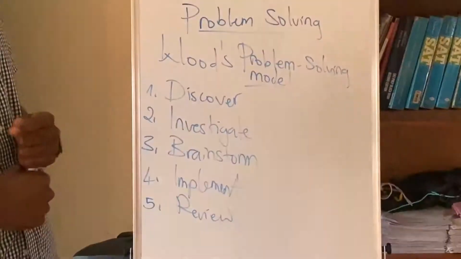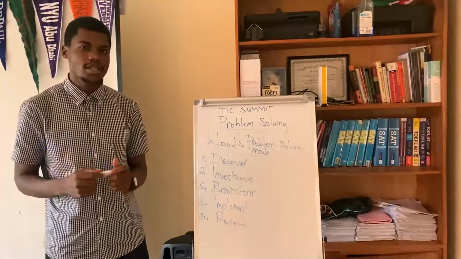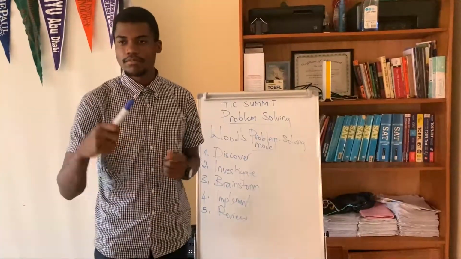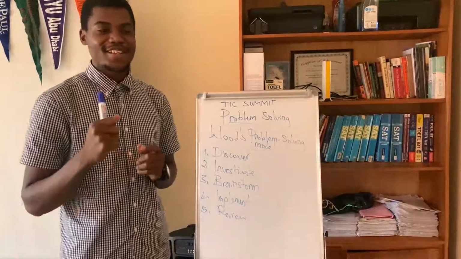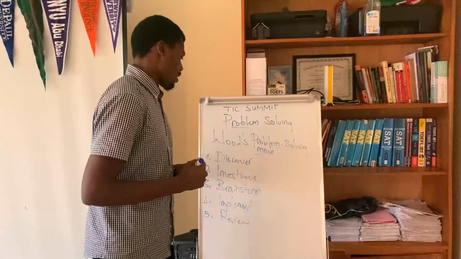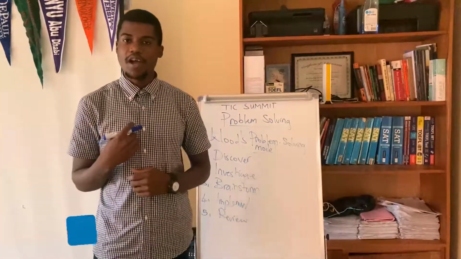So now I'm going to explain the Woods problem solving model using an example. Let's say I want to sell perishable goods online, tomatoes, for example, and I need to guarantee the quality of my tomatoes for people to buy from me.